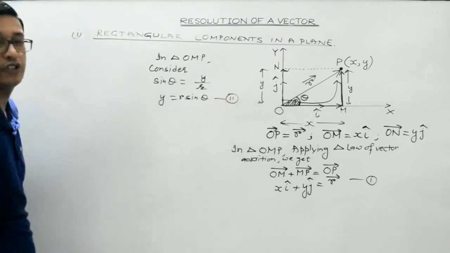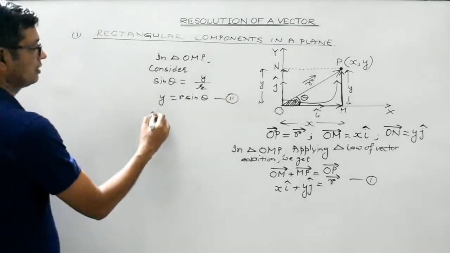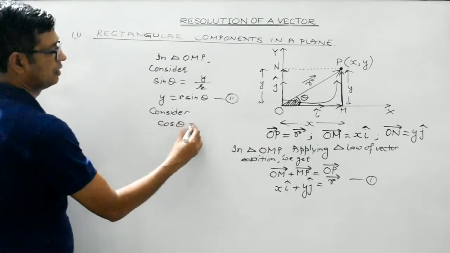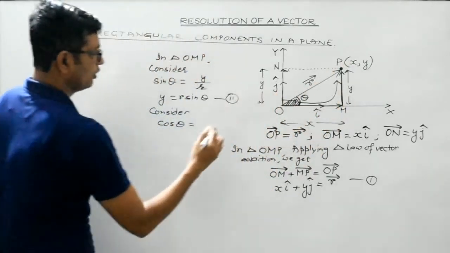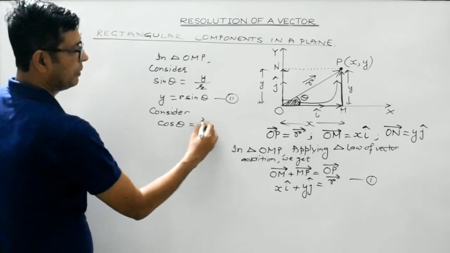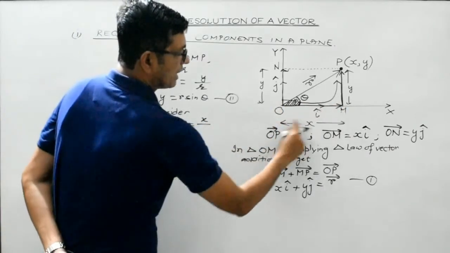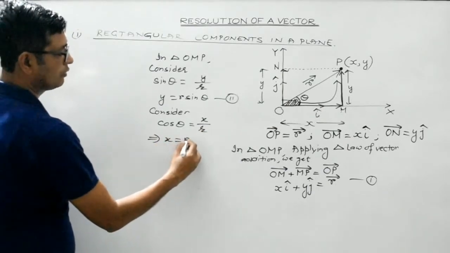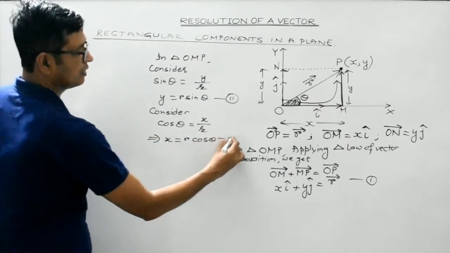Put this as equation 2. Similarly, consider in the same triangle cos theta. It is equal to base over hypotenuse. So cos theta would be base OM, the magnitude is x, divided by hypotenuse r, which implies that x equals r cos theta.